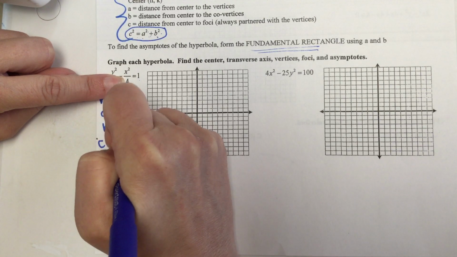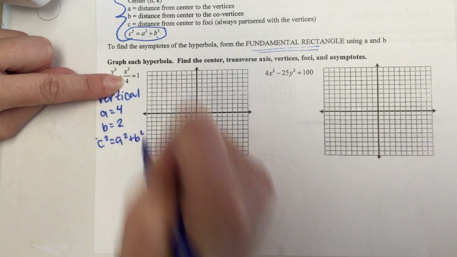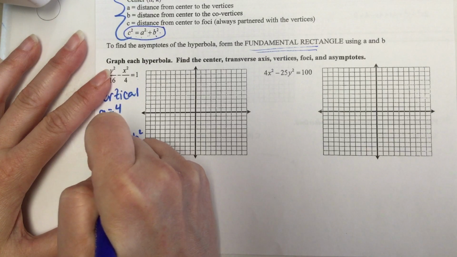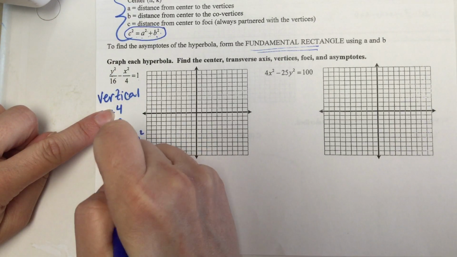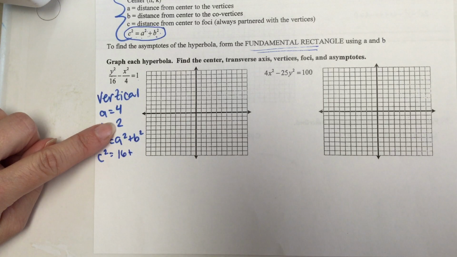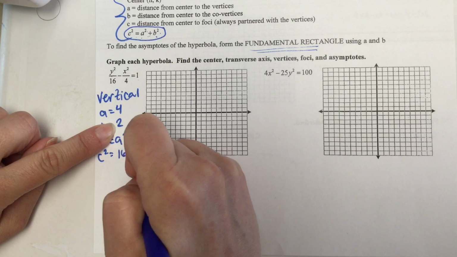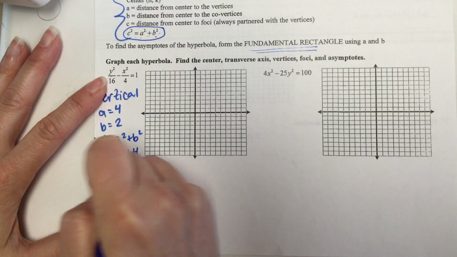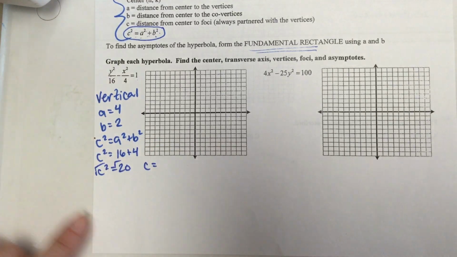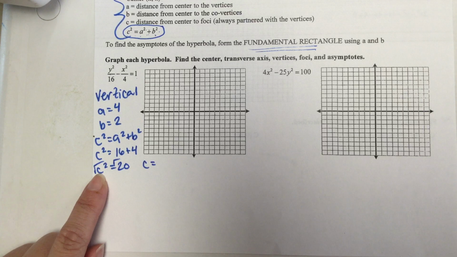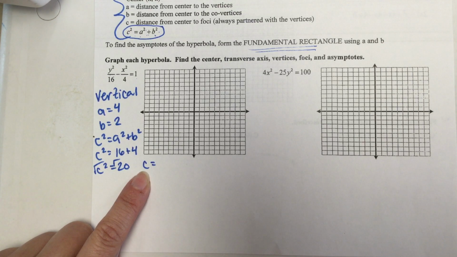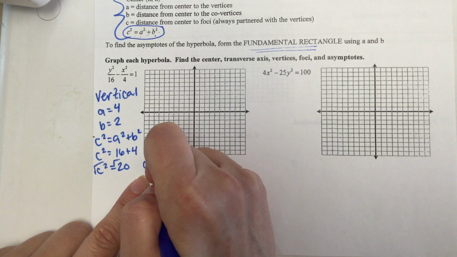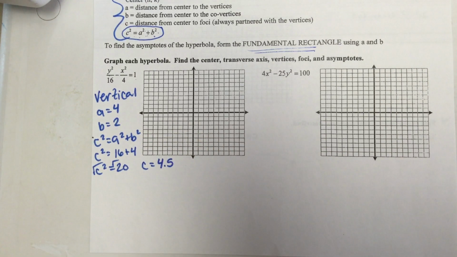Now C squared is A squared plus B squared. So C squared equals A squared, 16, plus B squared. 2 squared is 4. So C squared equals 20. You have to take the square root because you want to know what C is, not C squared. If I take the square root of 20 and round it to the tenth, it's 4.5.